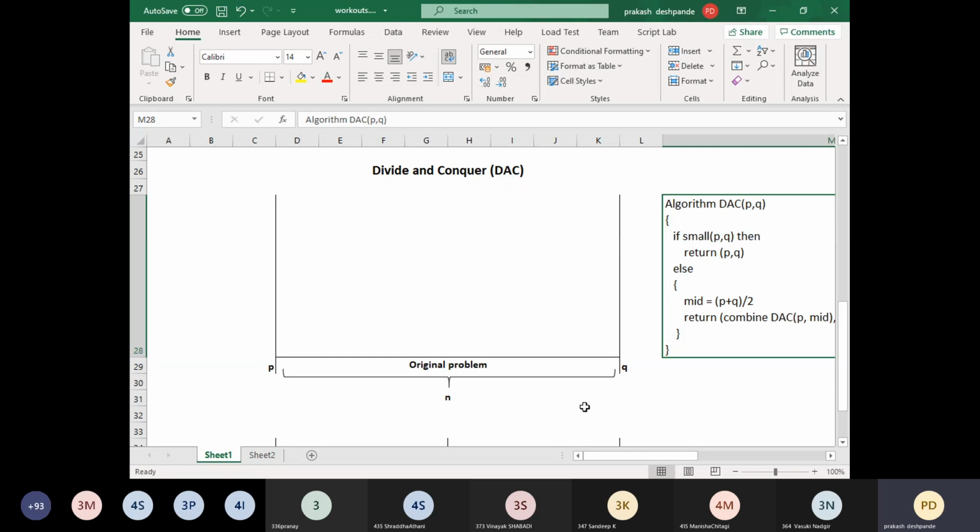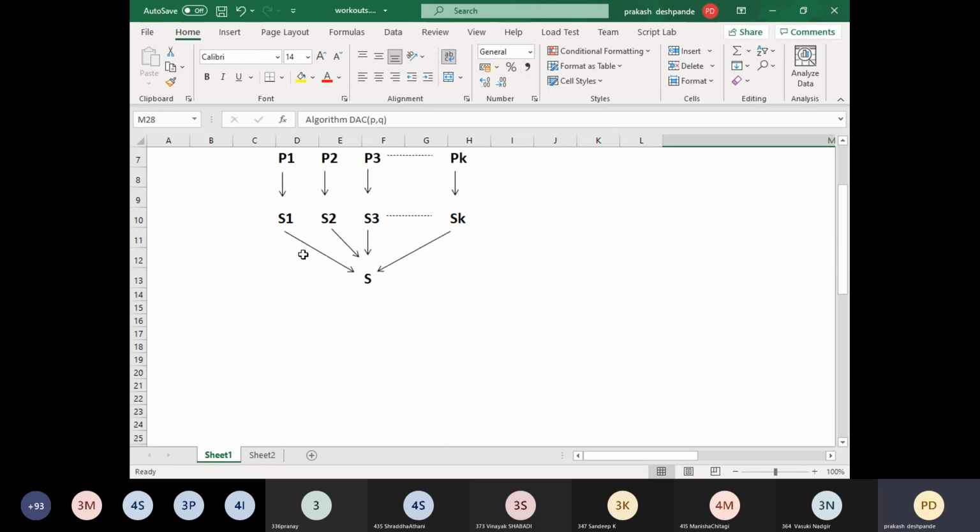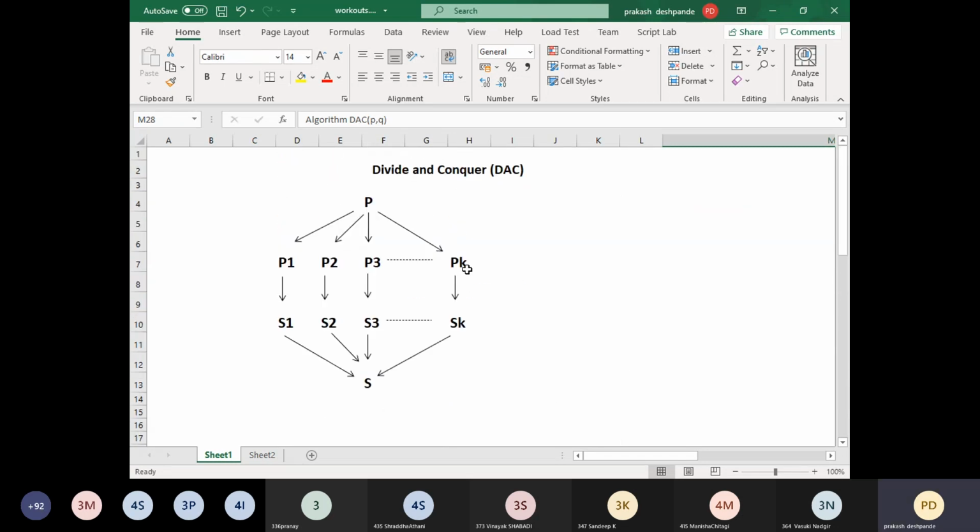Now, in the general method, how does it work? I will just repeat the explanation. Students, pay attention. We have a given problem P. We will divide this given problem P into sub problems, and all these sub problems will be of the same type, since we are dividing the original problem into sub problems. If we think a particular sub problem can be solved, then solve it and get the solutions.